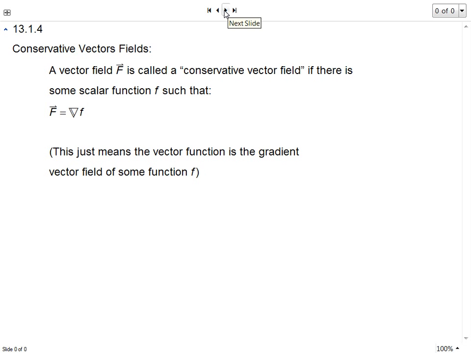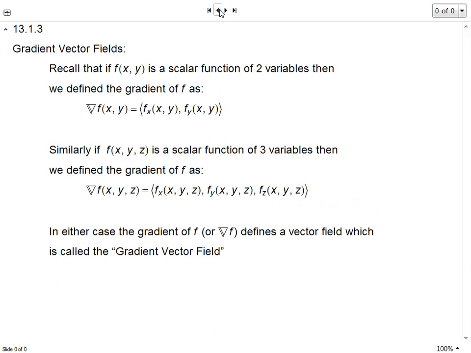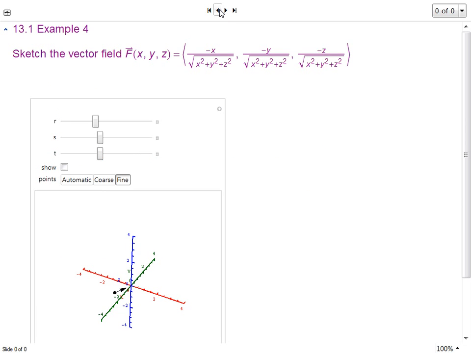Let me go back to this right here. We start off, this is a vector field, right? The question now is, is it a conservative vector field? The only way to know if that's a conservative vector field is if we can come up with a little f.